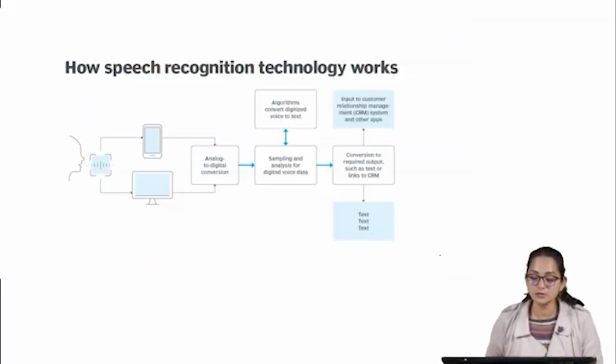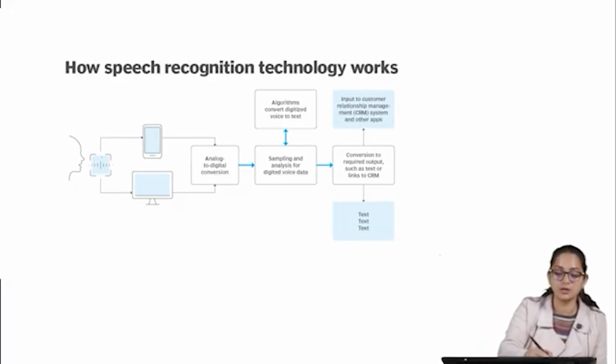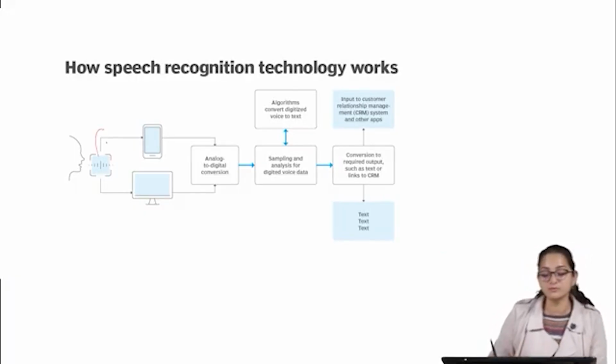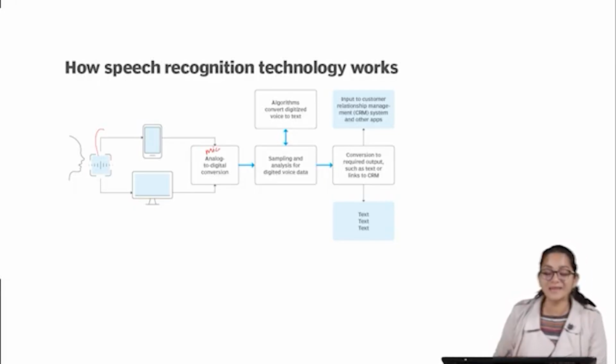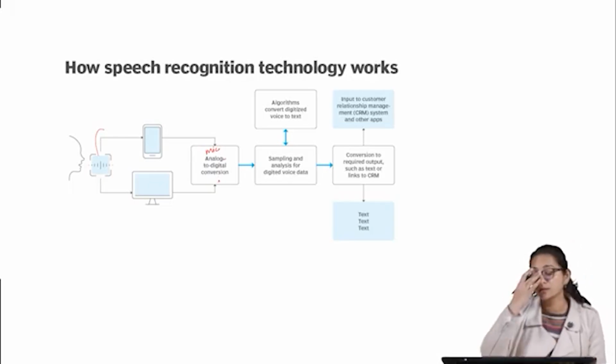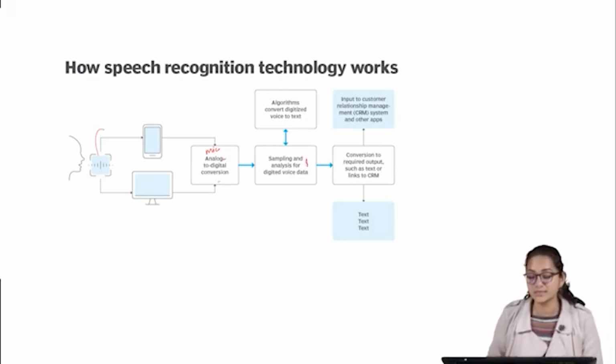So how do speech recognition technologies work? Once you speak into the microphone, the microphone catches it in an analog format. So the first step is analog to digital conversion. Then there is sampling and analysis of the digitized voice data.